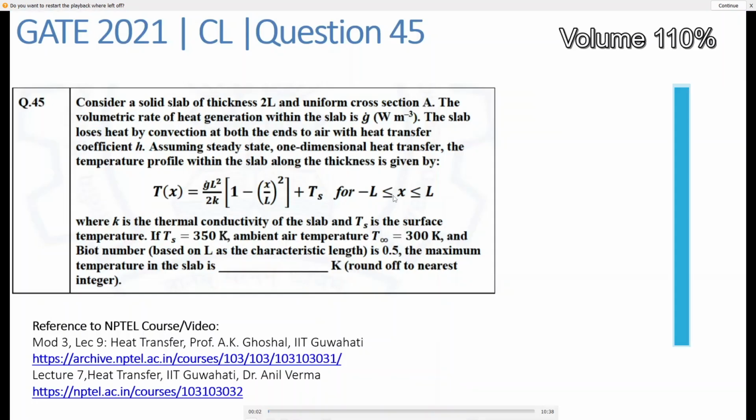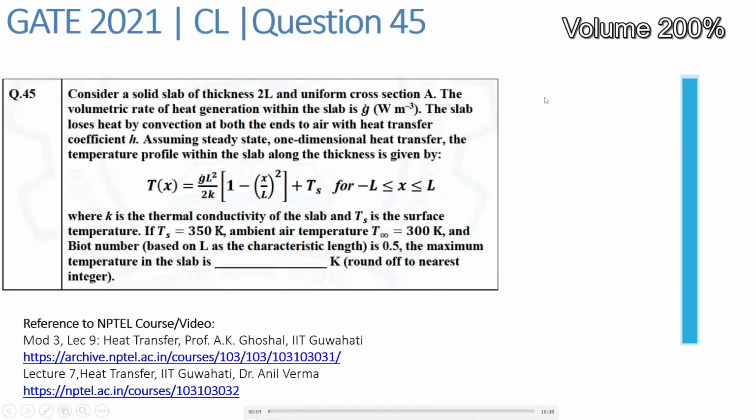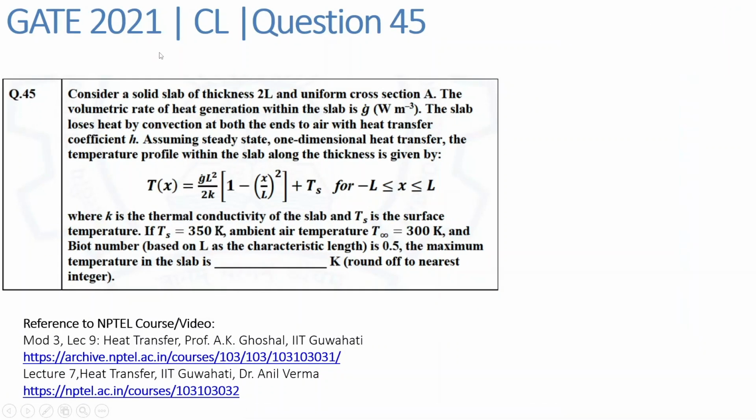Hello everyone. We will be solving question 45 of GATE 2021 chemical engineering paper, and the subject is heat transfer. The question is, consider a solid slab of thickness 2L and uniform cross section A. The volumetric rate of heat generation within the slab is G dot, and the units are watt per meter cube.